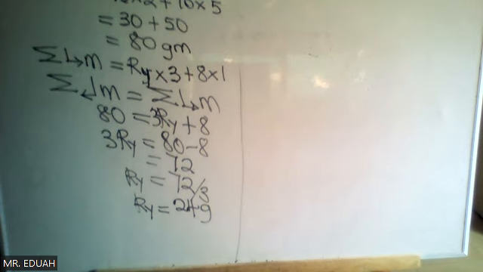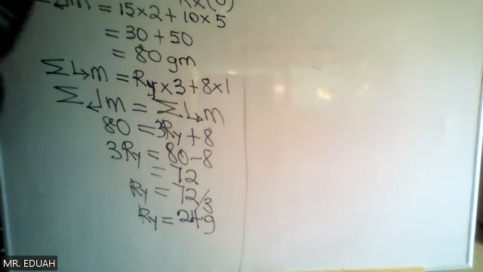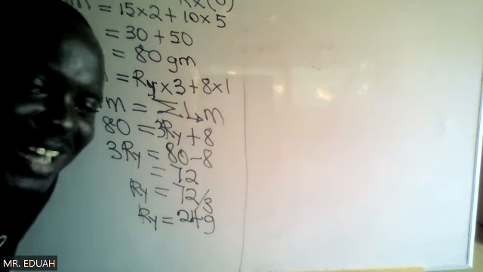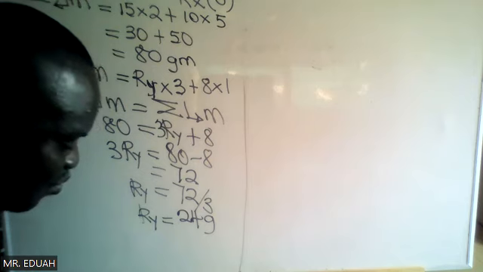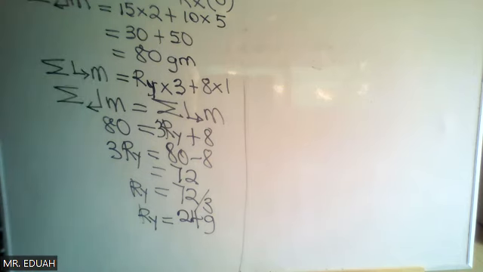Okay. Now, how do we find... Mr. Dia, question? Hello, please, my network was misbehaving. Okay, so ask your question. From the second part of the equation, I don't get how we derive Ry times 3 plus 8.